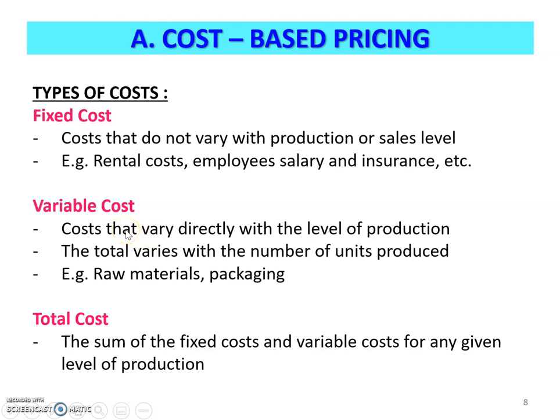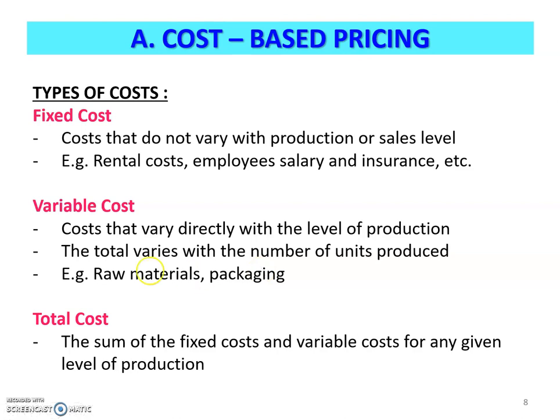In other words, the more you produce, the more the variable cost will be. The lesser you produce, the lesser the variable cost will be. Example like raw materials. Of course, when you want to produce more, you have to buy more raw materials. You want to produce more, you have to buy more of the packaging.